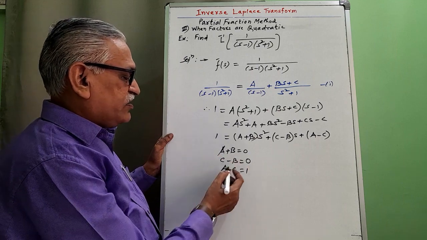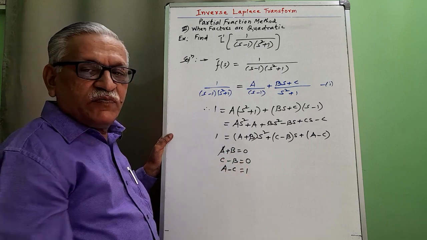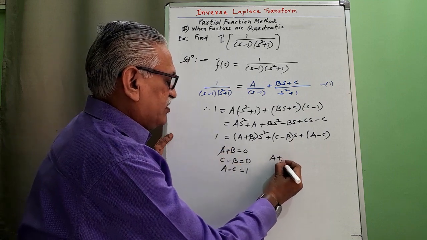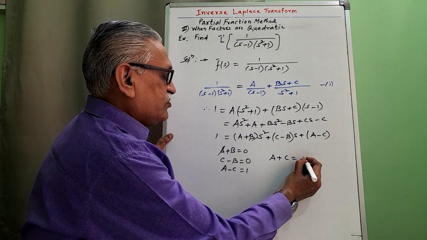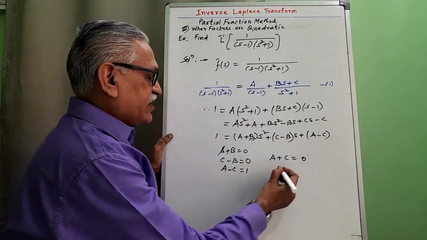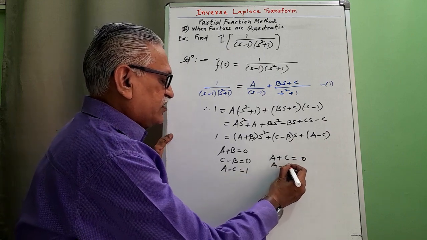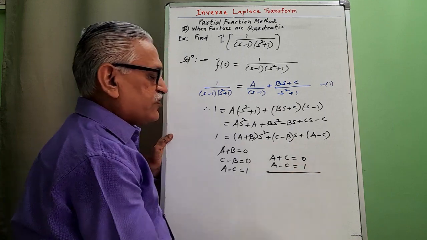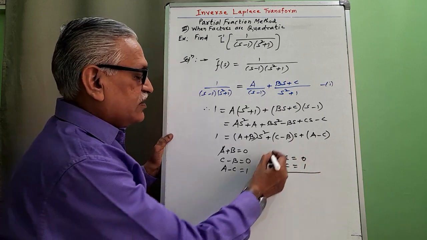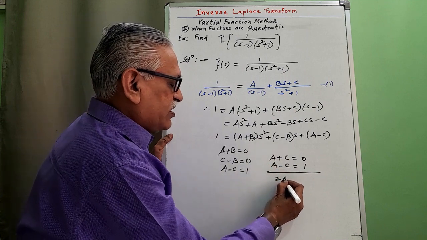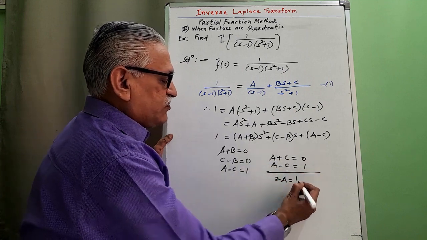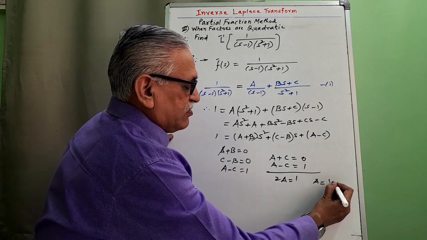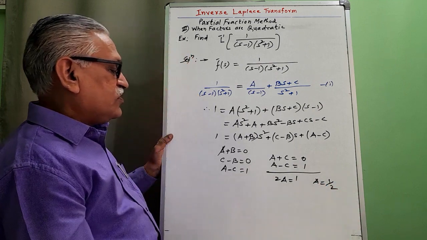Adding these two equations, minus b plus b gets cancelled, we get a plus c is equal to 0, and the second equation is a minus c equals 1. Again adding these two, plus c minus c gets cancelled, a plus a we get 2a, addition of 0 plus 1 is 1, and therefore we get the value of a as 1 by 2.